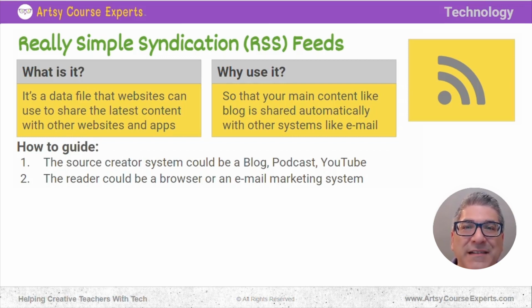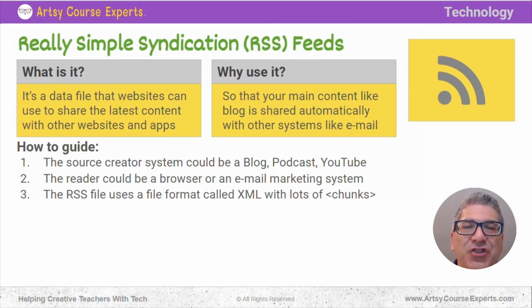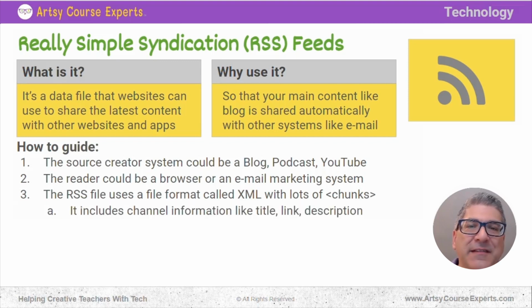Underneath, the RSS feed is just a file. Technically, it's called XML, and it has lots of chunks surrounded by angle brackets, less than and greater than symbols. As an example, it might have a file format that says, hey, this is XML. It might then include some information about your channel.